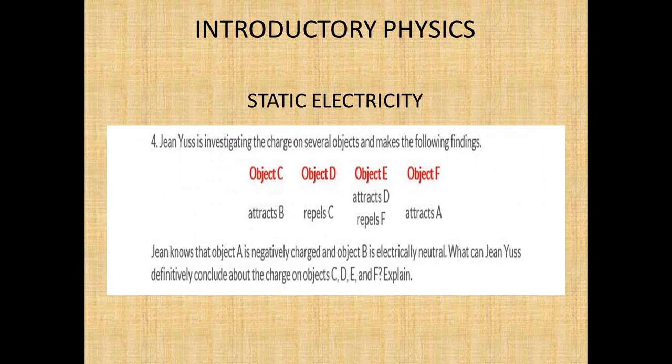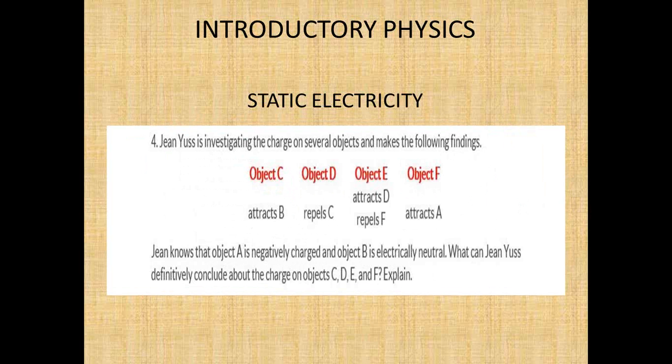All right, so object A is negatively charged. We know that for sure. A is negatively charged and B is neutral. Okay? All right. So object C attracts B. B is neutral. So what can we say about object C?